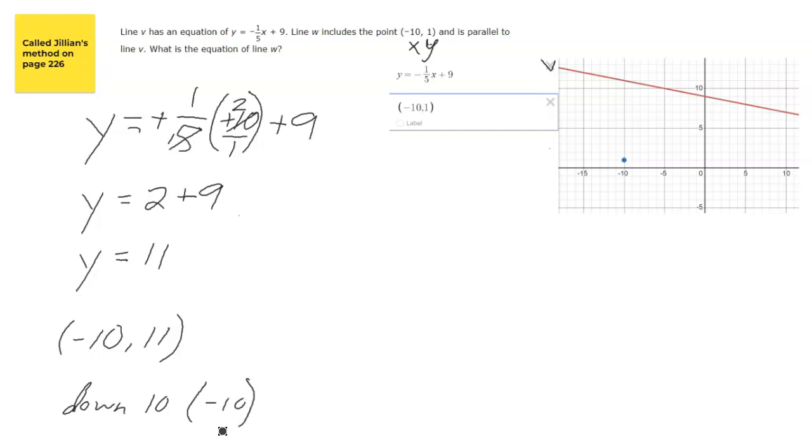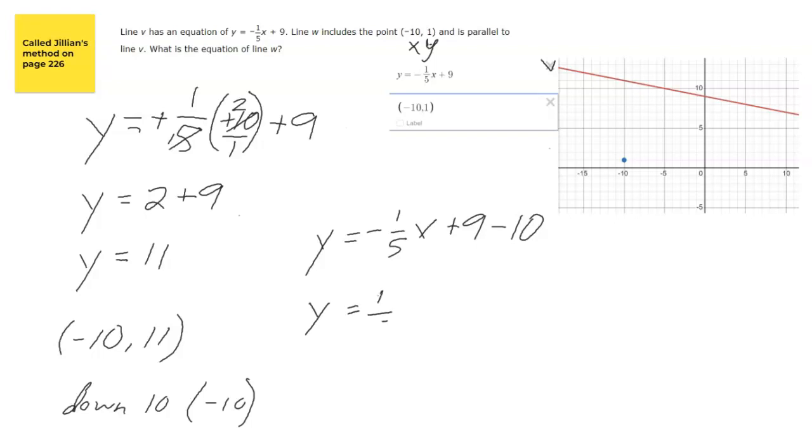So what we can do is take this equation right here, and we can shift it down 10. So we're going to do y equals negative 1/5 x plus 9, but then we're going to shift it down 10. And then we just need to simplify this a little bit.